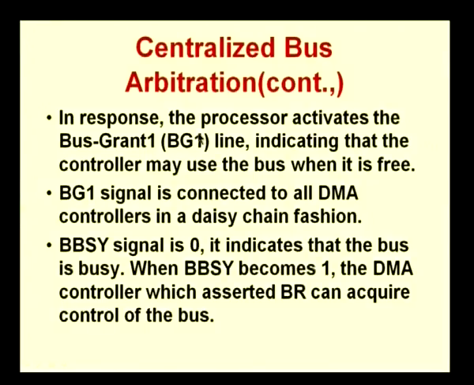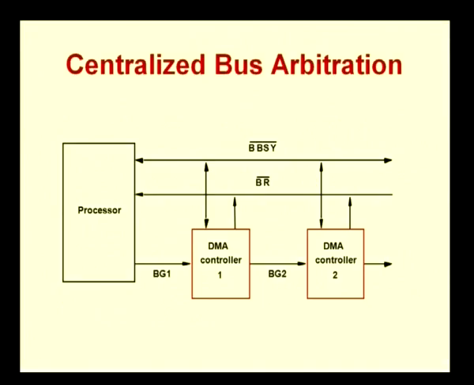The processor now has a bus request signal from one of these devices. In response, what are we expecting the processor to do? It will activate the bus grant signal, or the BG1 line. What does this indicate? It indicates that the controller may now use the bus when it becomes free. When I say when it becomes free, remember there is the bus busy signal.